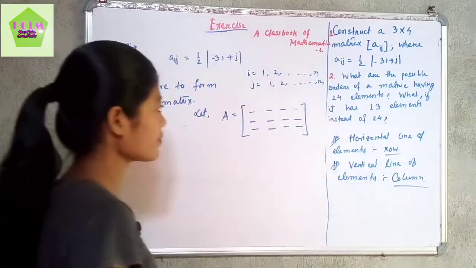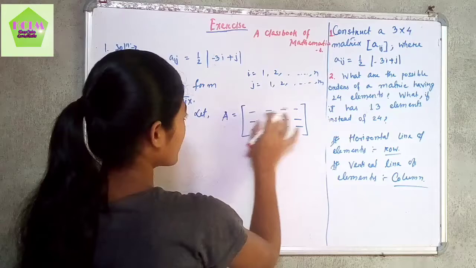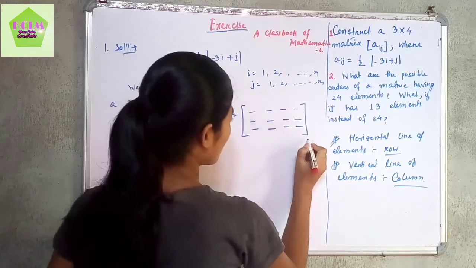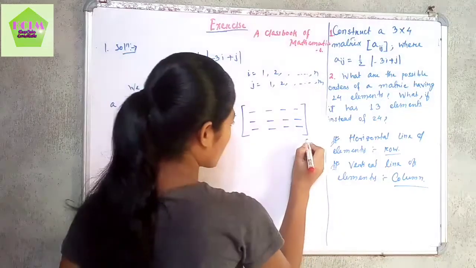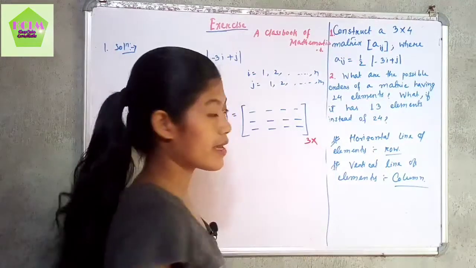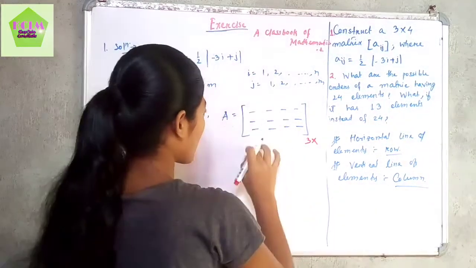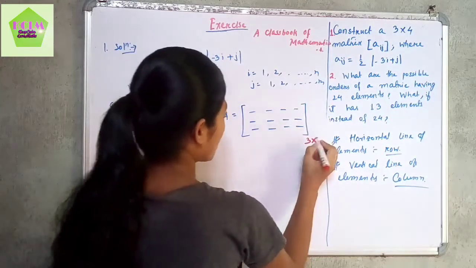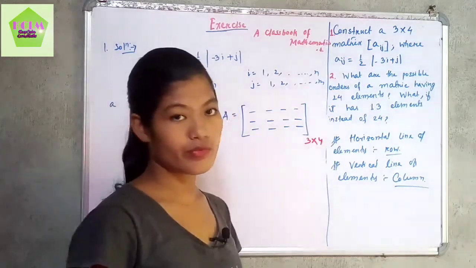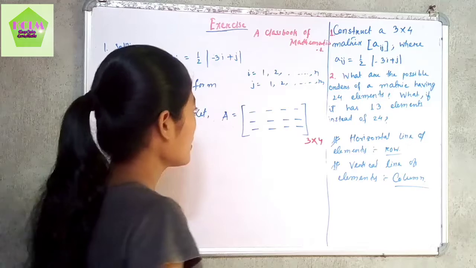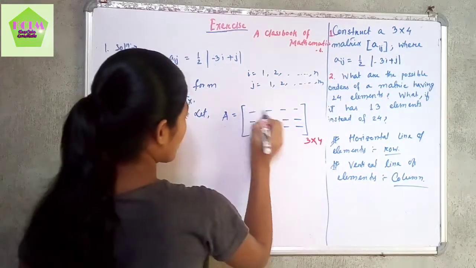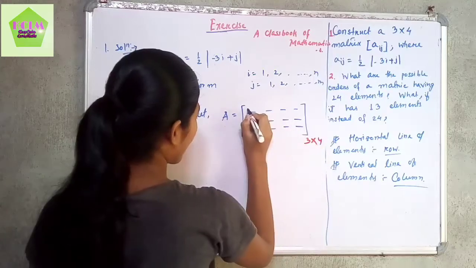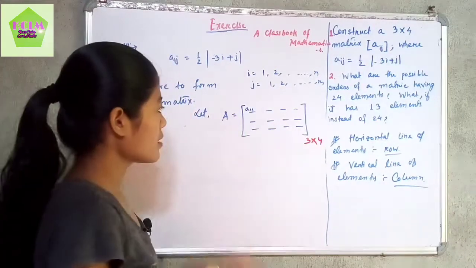So here we have 3 rows. The number of rows is written first in the order, so the number of rows is 3 and the number of columns is 4: one, two, three, four. So the order of this matrix will be 3 by 4. Now the elements will be like a_11.